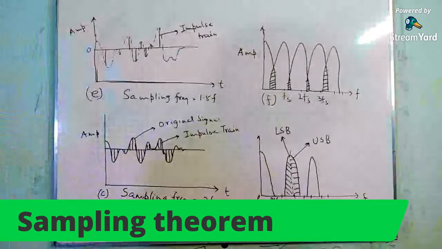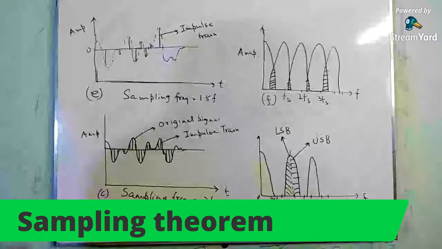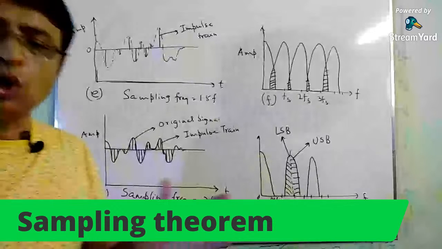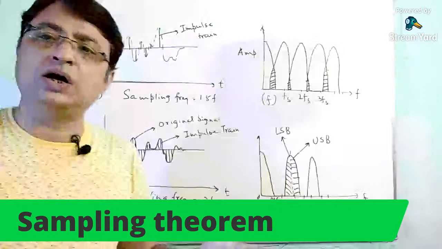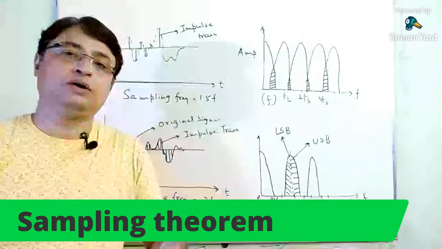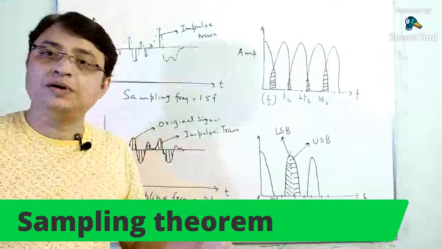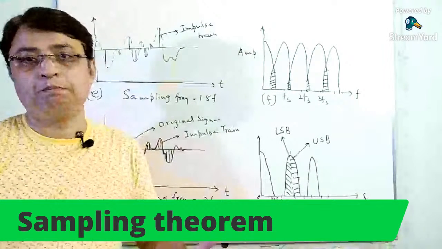Now this overlap occurs when the analog signal contains frequencies greater than 1/2 of the sampling rate. Here we sampled the frequency at 1.5 f, so we have actually undersampled the signal.